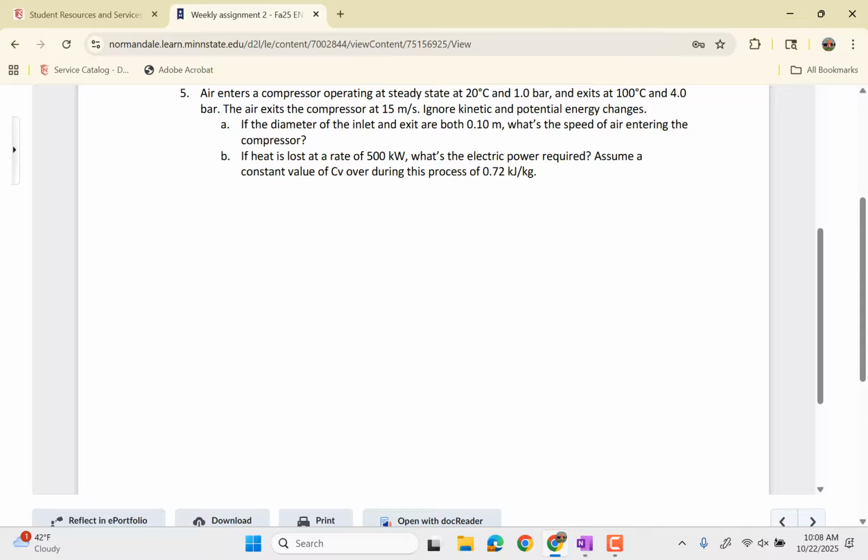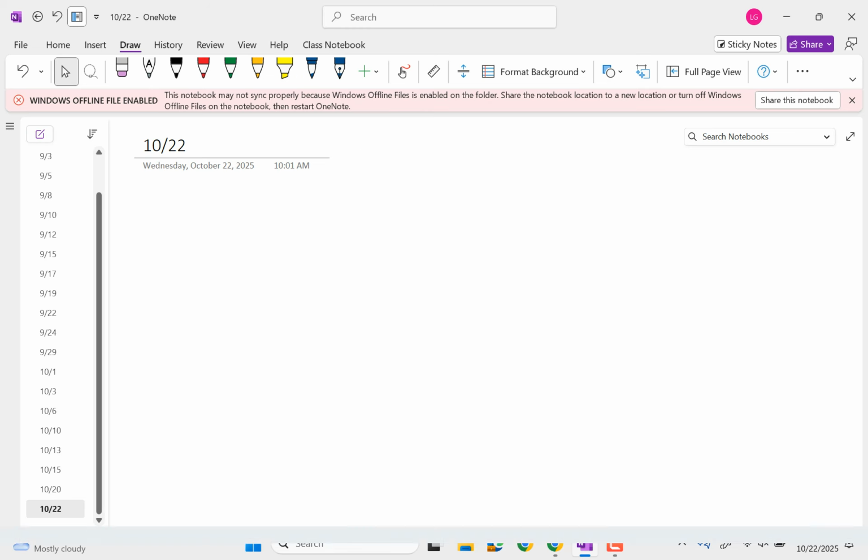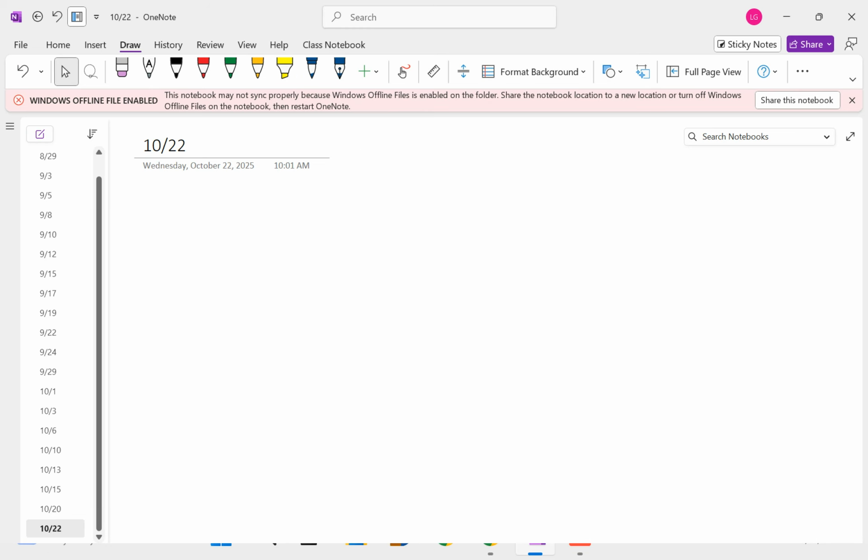Well, yeah, let me talk about that for a second. Just remember that for ideal gases, if I start with the definition, CV is equal to the partial of U with respect to temperature at constant volume.